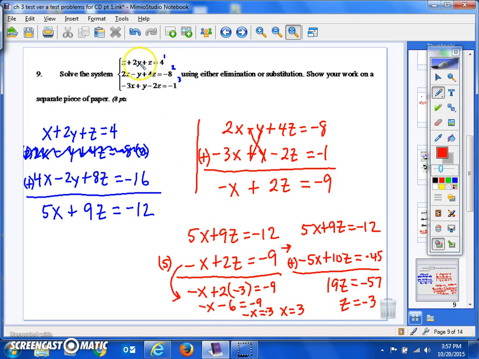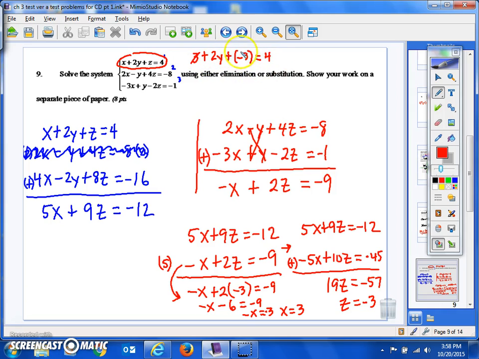Now I'm going to go all the way back to the beginning where I've got 3 variables. After you find the first two variables, pick out an equation out of the original 3 and substitute in. So x is 3, we don't know y yet, z is negative 3, and all that equals 4.